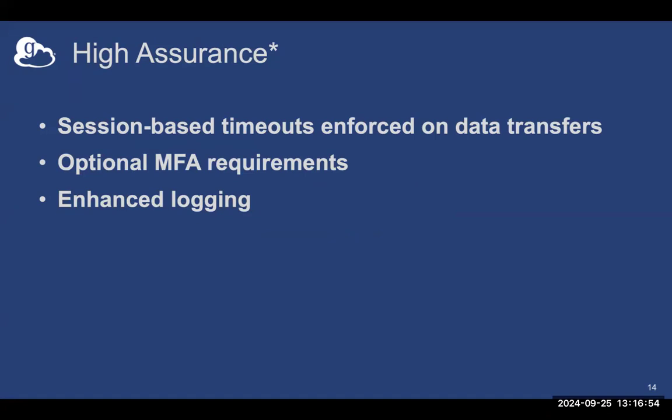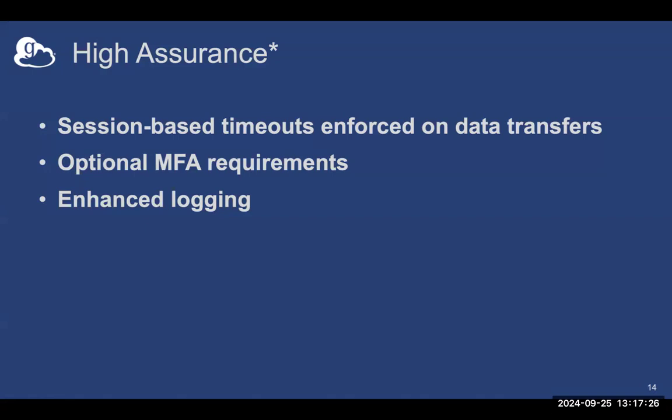High assurance is a premium feature that you might use if you had medical or personal identifying information that you require certain restrictions on who can access. What it does is it enforces session-based timeouts on all data transfers. So in order to create a transfer task, you must have logged in within this current session, within this current timeout, or it will require you to log in again.